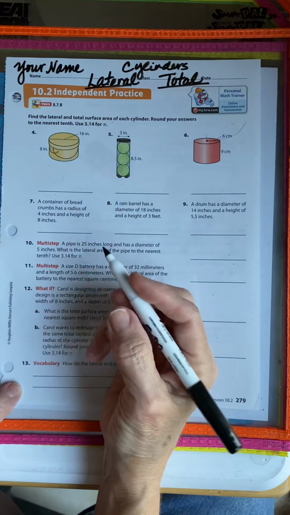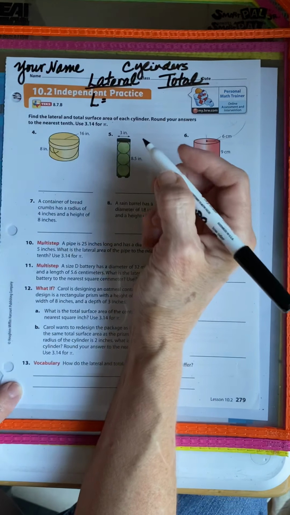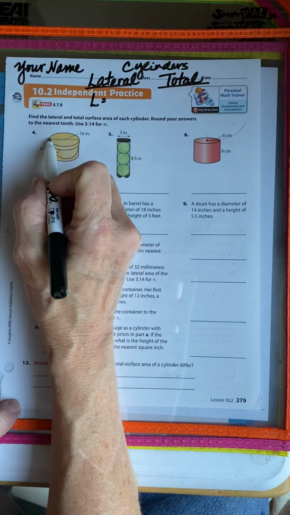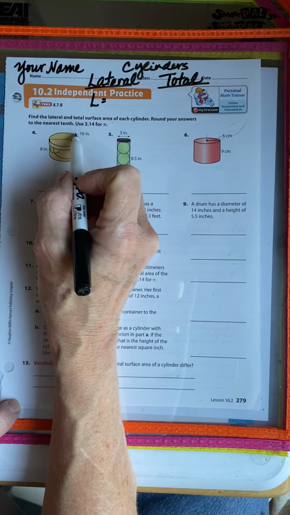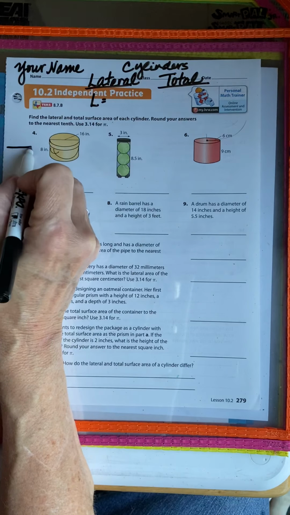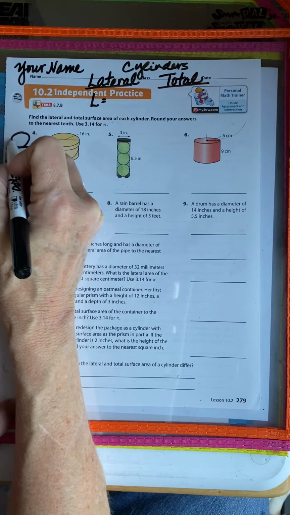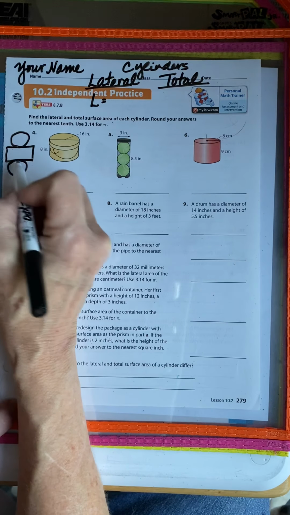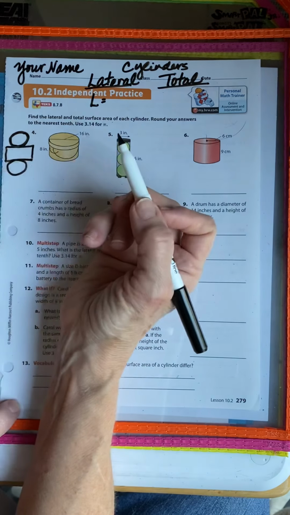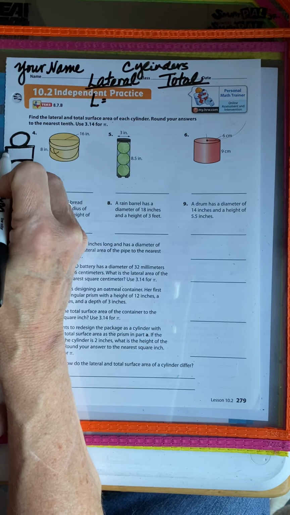All right, for lateral, we'll just call it L like we did last week. And it is, as y'all can see, if we unfolded this, it would look like this. It would be a rectangle with the two circles. Correct? And so the circumference, 2 pi r, is the length of this rectangle.